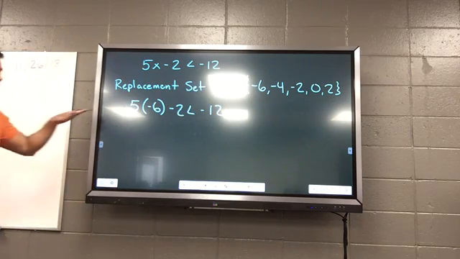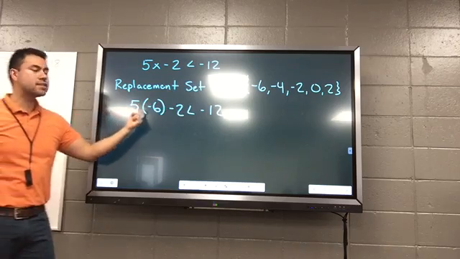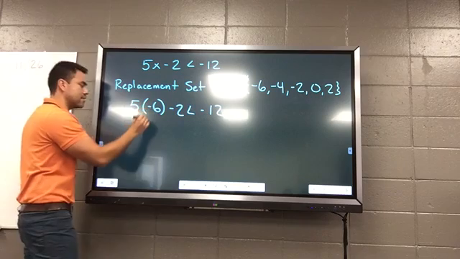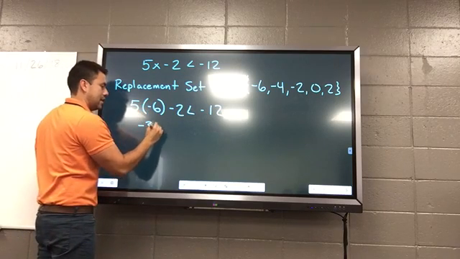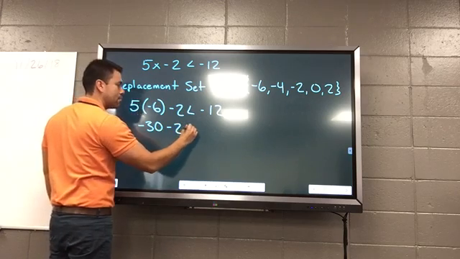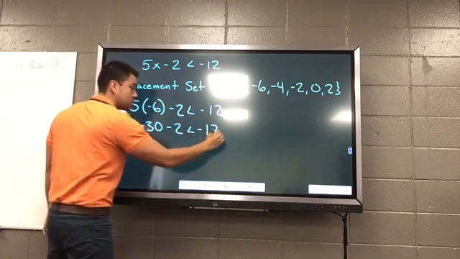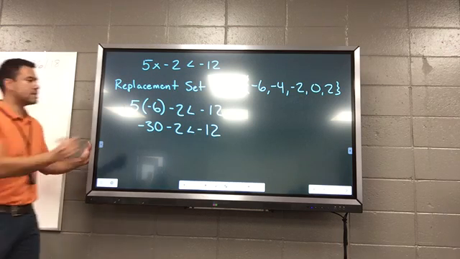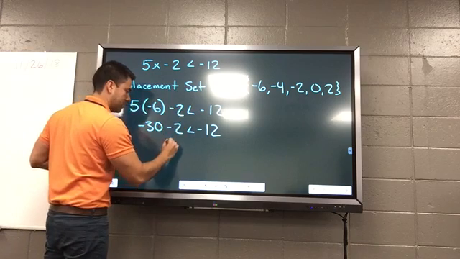So all you're going to do is evaluate. Is this a true statement? Is this a true inequality? What's 5 times negative 6? Negative 30. So negative 30 minus 2 is less than negative 12. Is that true or false? True. Okay, what's negative 30 minus 2?